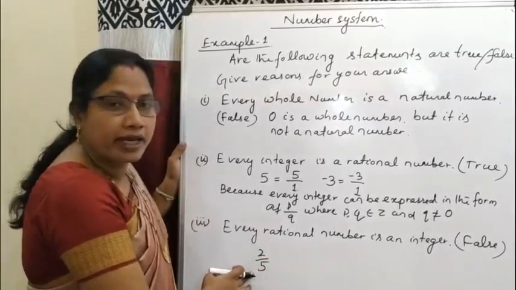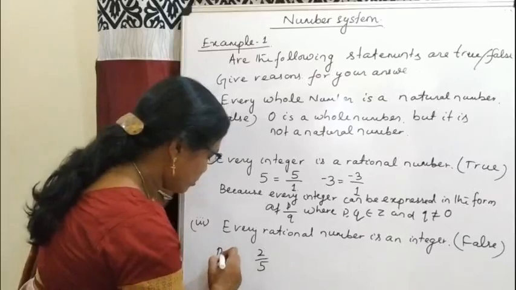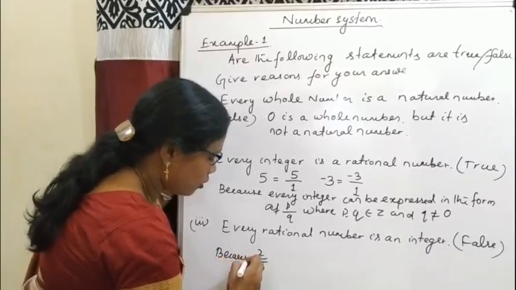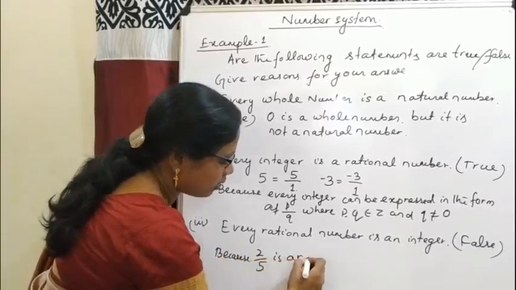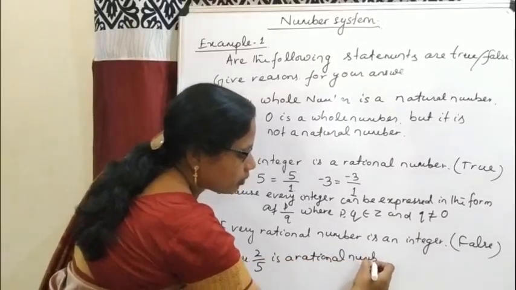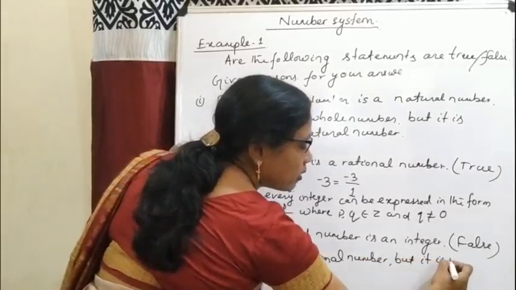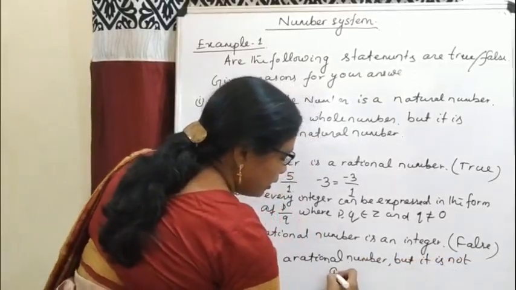But 2 by 5 is not an integer. 2 by 5 is a rational number, but it is not an integer.